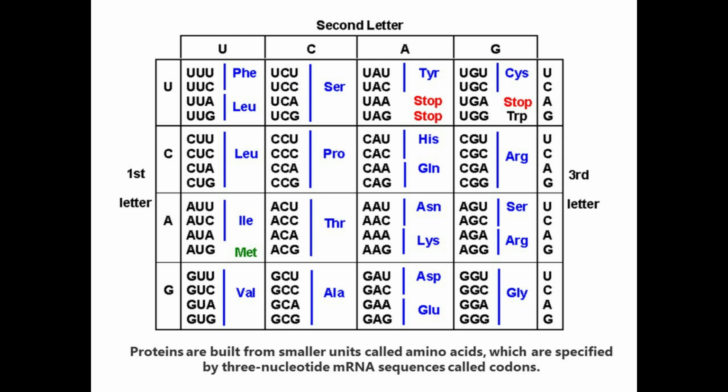If the next codon in the mRNA is UAU, then it is tyrosine that is to be incorporated. So each codon will code for a particular amino acid. So a codon in an mRNA calls for the arrival of a corresponding amino acid.